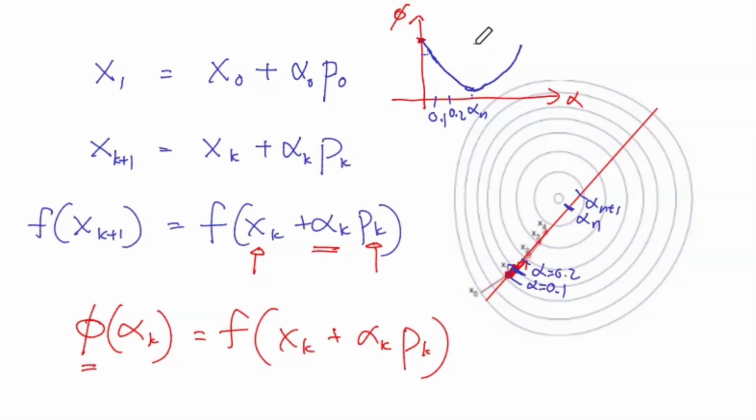This is the curve of phi versus alpha, showing how the cost function changes when we change alpha. Alpha is the only variable. When it's closer to the minimizer, the cost function gets smaller; when it moves further, the cost function becomes higher.